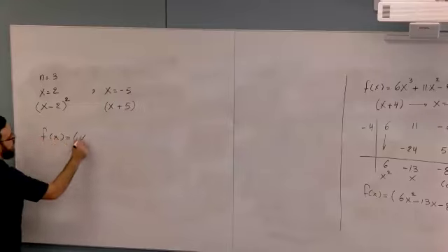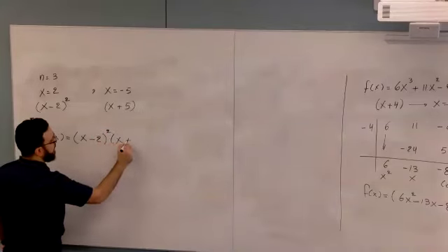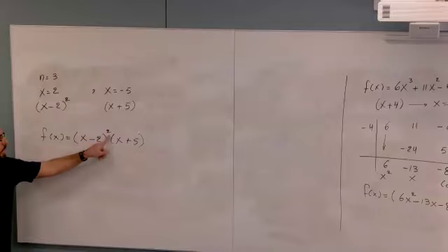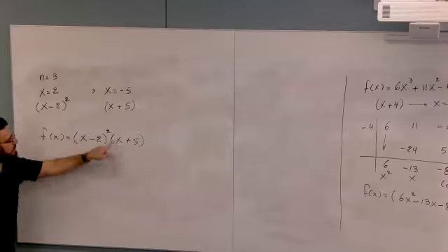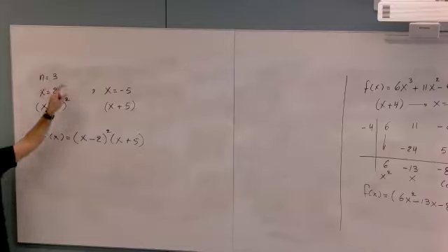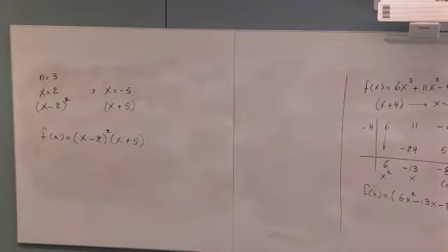P of x is going to be x minus 2 to the power 2, times x plus 5. That's it. This is the polynomial. How much is the degree for this polynomial? X squared times x is x cubed, not 3x. So the power is n equals 3. That's the whole thing for this question. Don't forget the multiplicity.